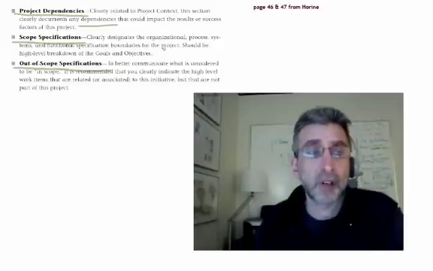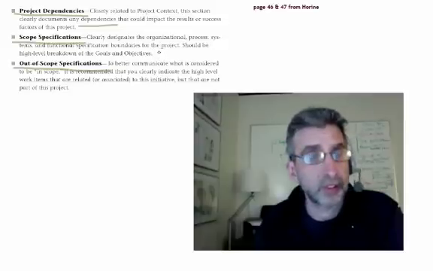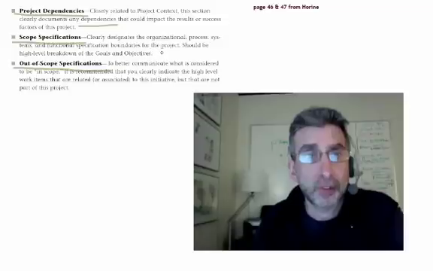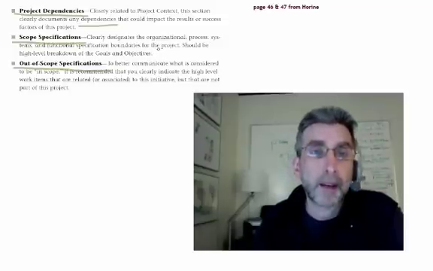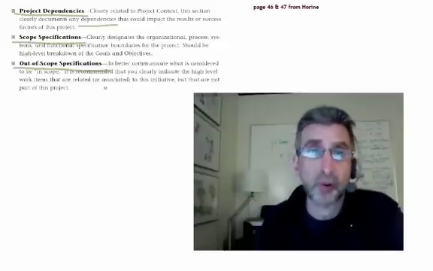If you're doing a website, part of the scope is, I'm going to do this in HTML. It's going to use images, it's going to use CSS. The out of scope in this case would be that it's not going to be PHP. I'm not going to do programming. It's not going to have audio and video.